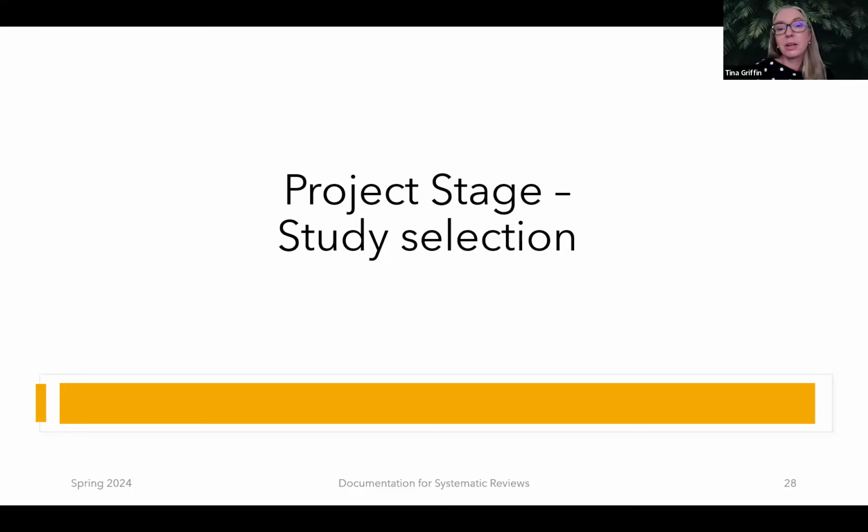And so I have some very general suggestions for this because the documentation is really going to depend on what your research questions are, what your methodologies are, what type of outcomes you have, the type of things that you're measuring with your systematic review, and things like that. So your documentation really just needs to be appropriate to the question that you're asking. So I just have some broad overview suggestions.